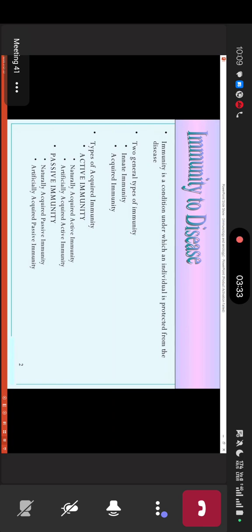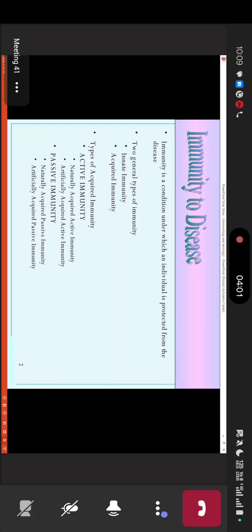Let's suppose a person is exposed to typhoid antigen. His or her body starts producing antibodies against that antigen and provides immunity to fight against it. So this scenario comes under immunology. Immunity is generally of two types, innate or acquired.